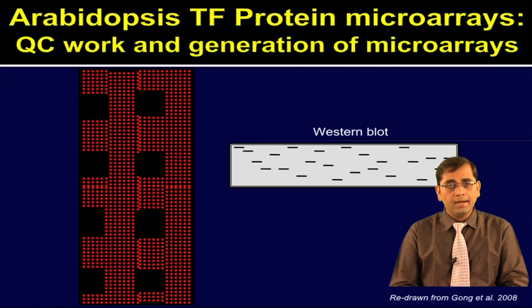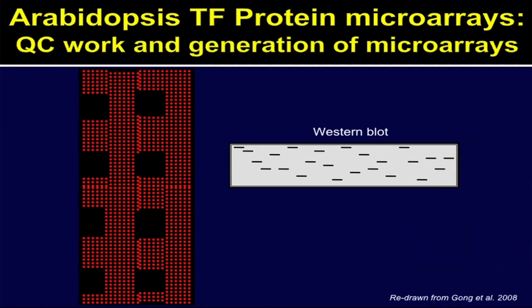Authors used anti-His antibody because all of these clones contain a His tag, and the right side shows the Western blot image because authors wanted to first quality control each of the clones expressing the proteins.